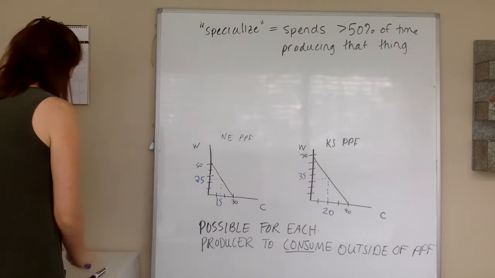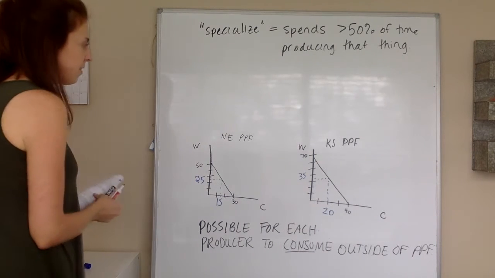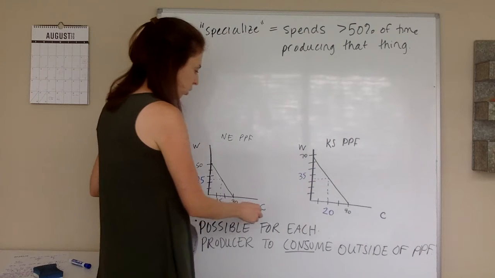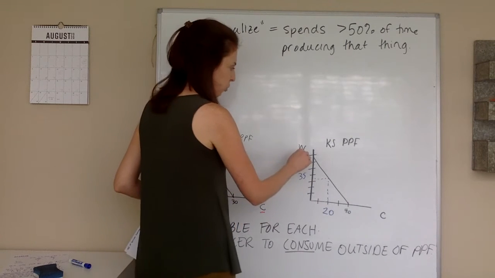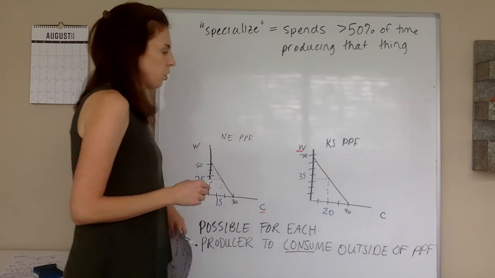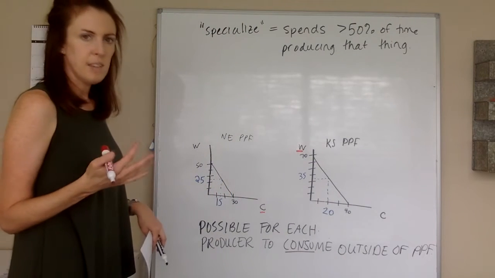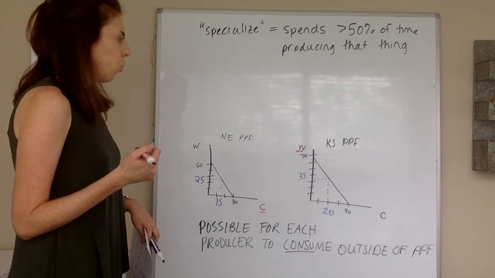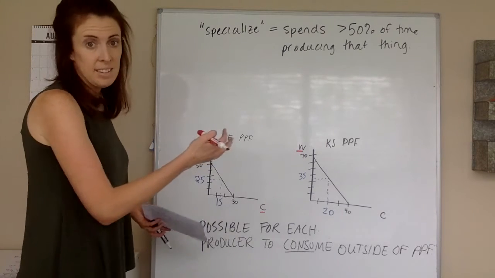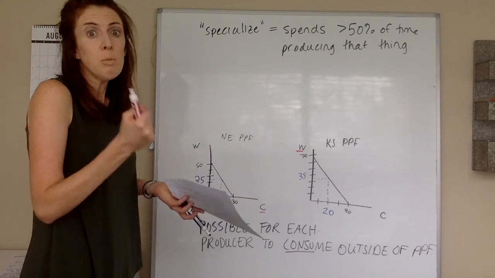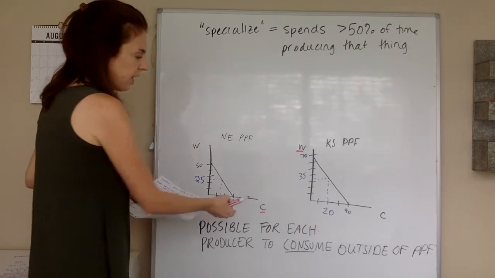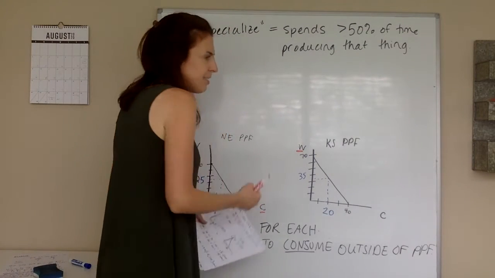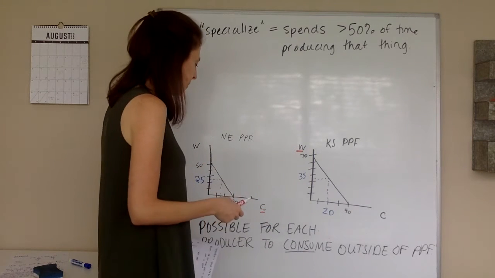What we determined was that Nebraska had the comparative advantage in corn production, and Kansas had the comparative advantage in wheat production. So let's just say the states decide that they're going to really specialize. They're going to spend 100% of their time making the thing they have the comparative advantage in. Not like 60 or 70%, but 100% of their time.